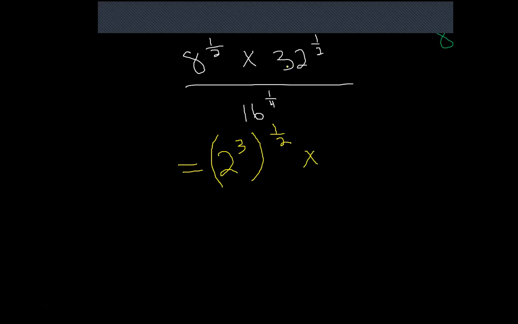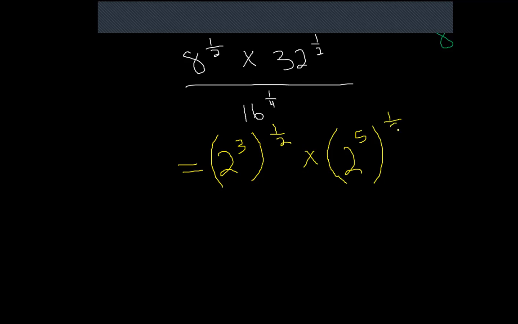Multiplied by, I could also write 32 with a base of 2. 2 to the power of 5 is the same as 32. The whole purpose of me doing this is so I can get the same bases. If I have the same bases, I could apply my laws. There's just one way to do it; I'll show you the other way.